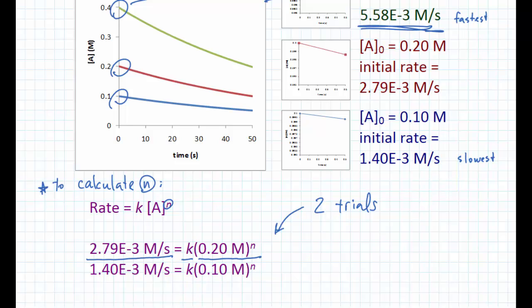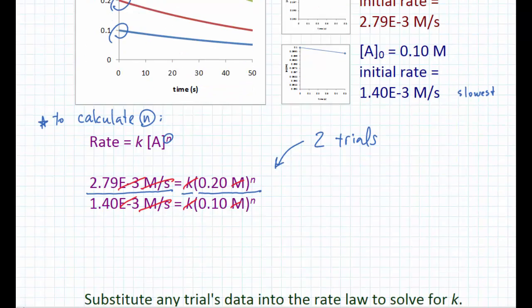A lot of times when we're comparing 2 similar things, we can divide them to see what they have in common and how they're different. And a lot of things cancel out when you divide them, right? A lot of units cancel out. The power of 10 cancels. K cancels, because K is the same for any given reaction, regardless of concentrations. That unit cancels.